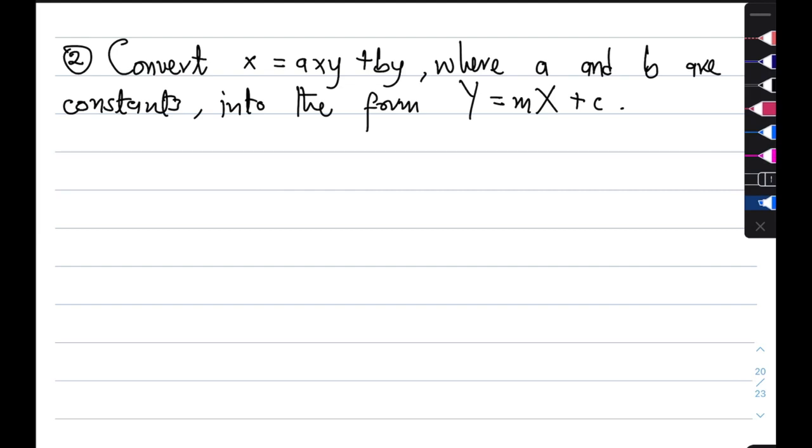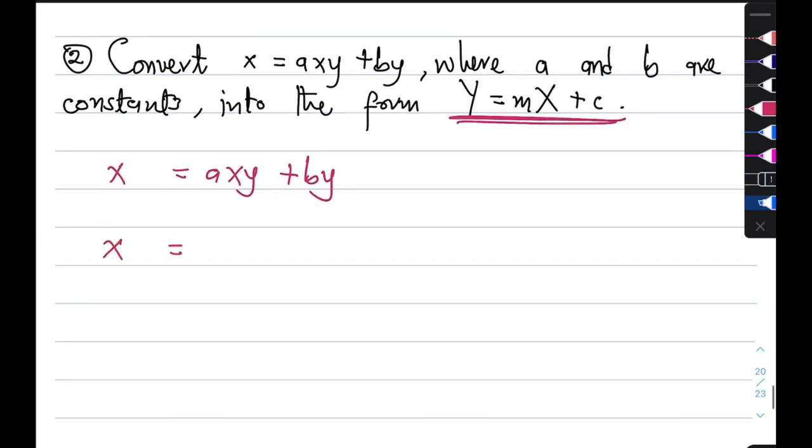Right, let's consider question number 2. In this case, we've been given x is equal to axy plus by, okay? And then they want us to write this in this particular form. So I want to get a constant. Well, why don't I divide through by y, so that the b will become my constant.